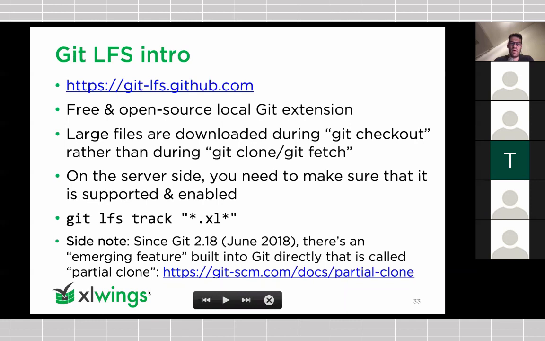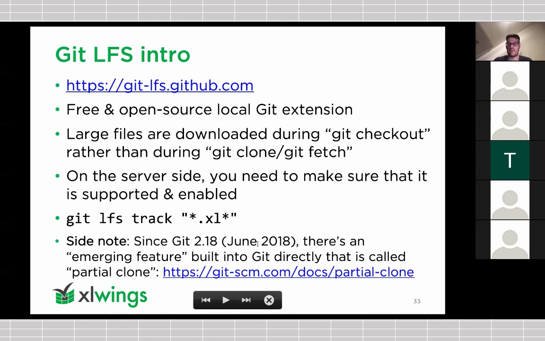And the way it works to get started is it requires you to basically say git lfs track, and then the characters that match the Excel files, all of them. So this will work for XLSX, for XLS, for XLSB, and so on.